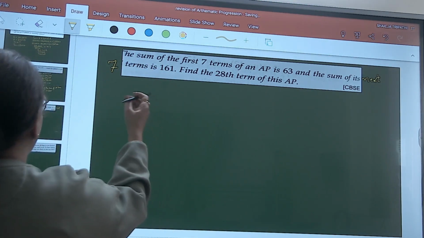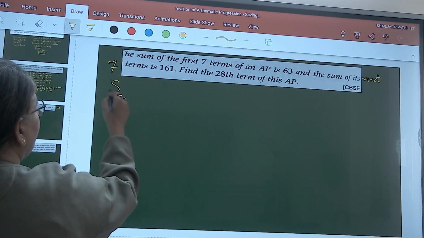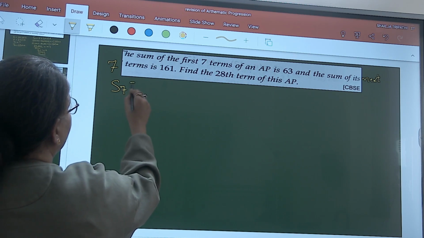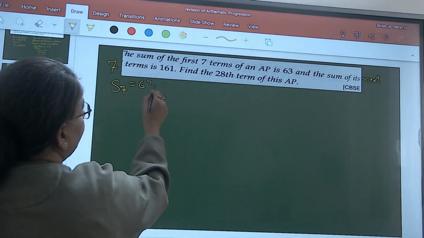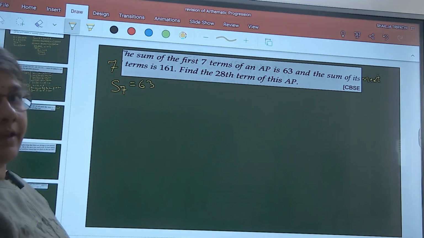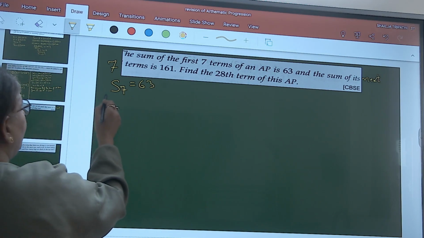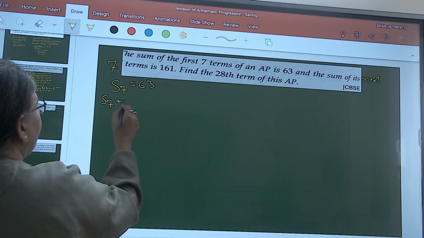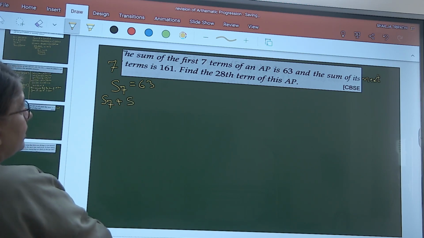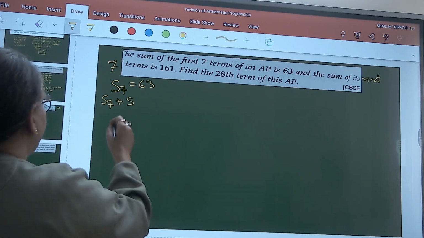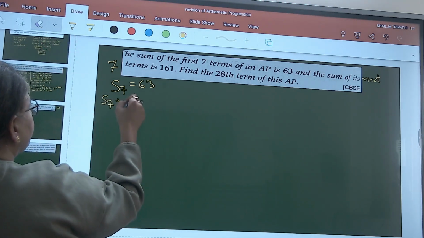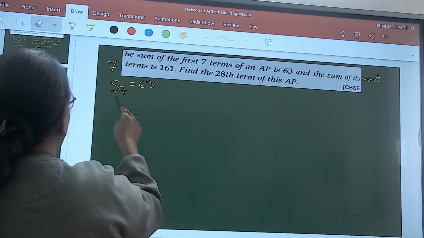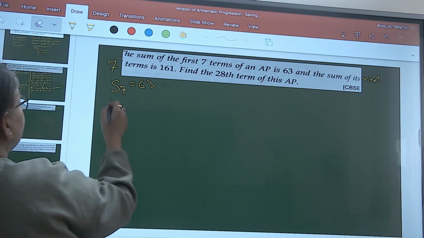What is given is the sum of 7 terms is 63 and the sum of the next 7 terms. So what we can do, sum of 7 terms and then the sum of the next 7, that is we'll find the sum of 14 terms.